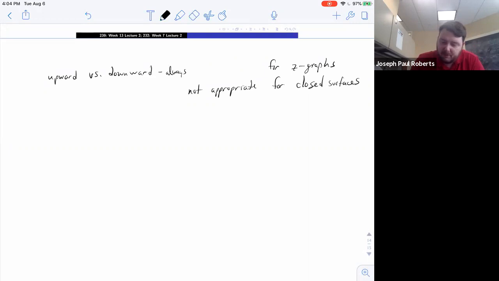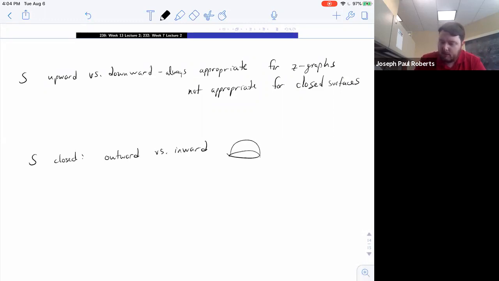They can also work for other types of graphs too, but it's guaranteed to work for a z-graph, and it's guaranteed to not be the correct thing for closed surfaces, because for closed surfaces the choices are outward versus inward.